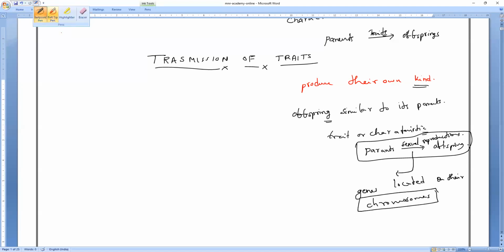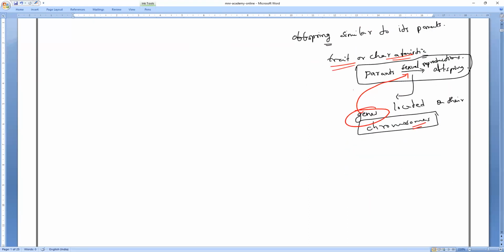So the nucleus contains the chromosomes, and the chromosomes contain the genes, and these genes are responsible for transmission of traits or characteristics from parents to offsprings. Clear, everyone? So who is responsible for transmission of traits? Genes. So what are these genes? Let us discuss now.